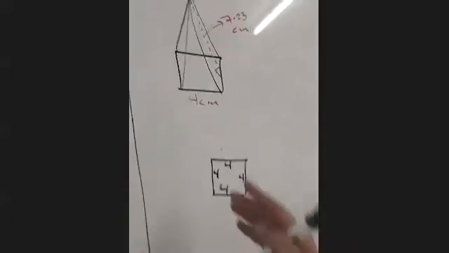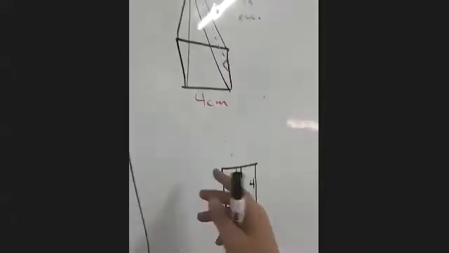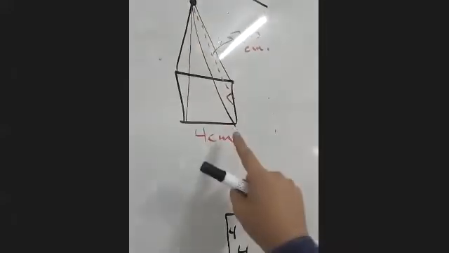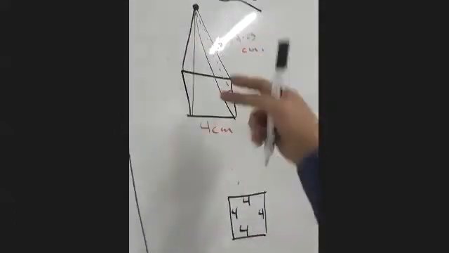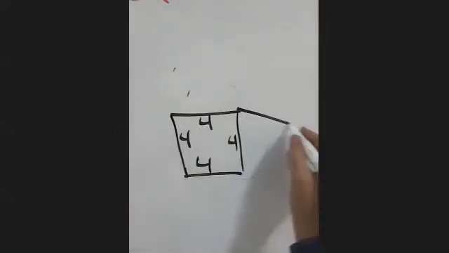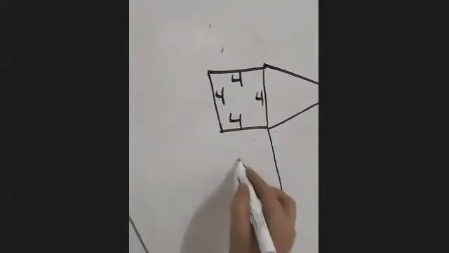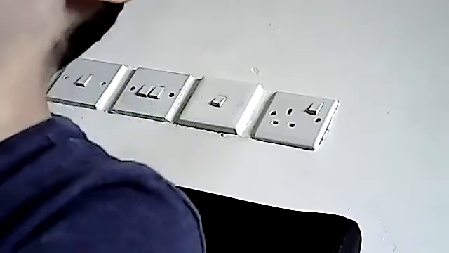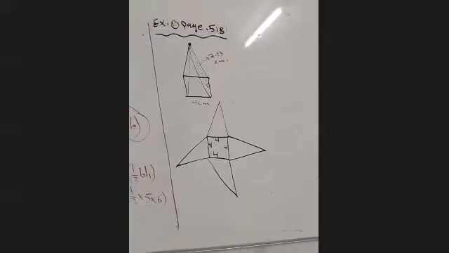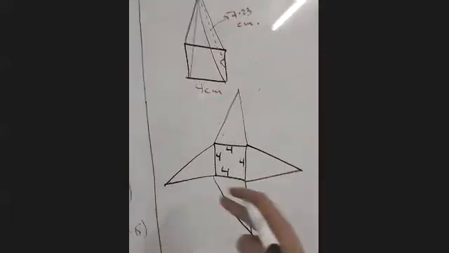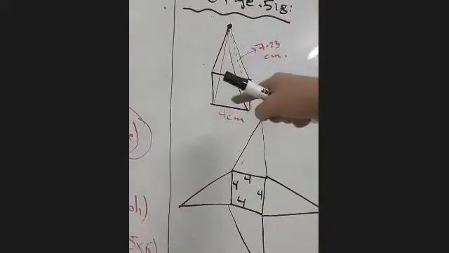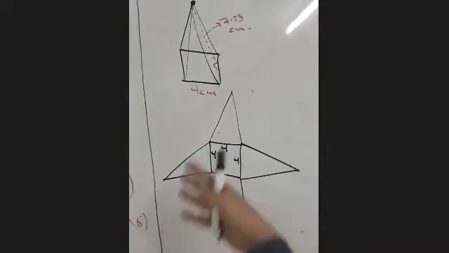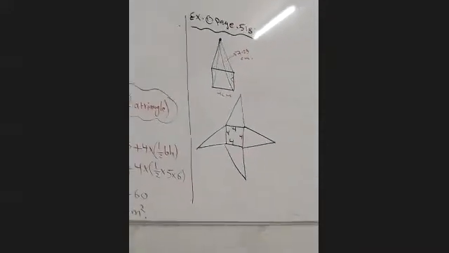Now I will make the 4 triangles around. I will start with the triangle in front, this one. I will cut them and make them around. Look. Each one has a height of 7.23 centimeters. So these are the 4 triangles which are around here. I make them in a flat form.